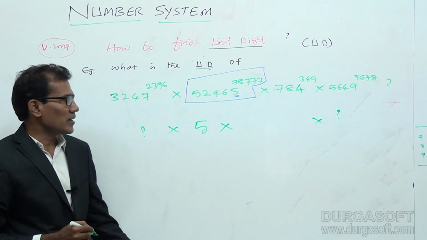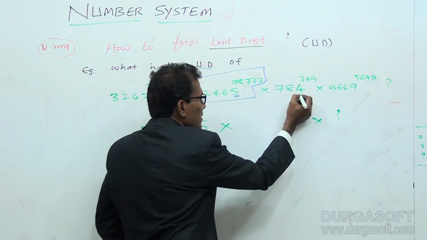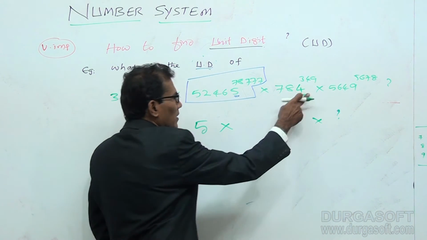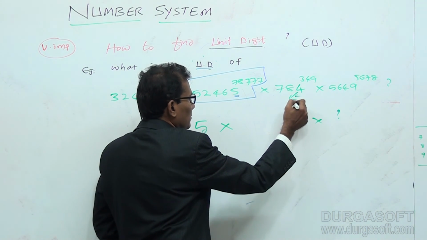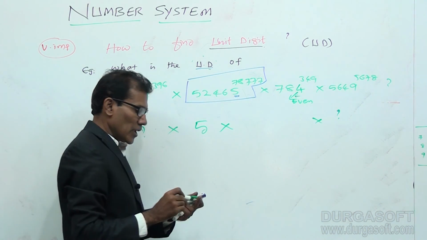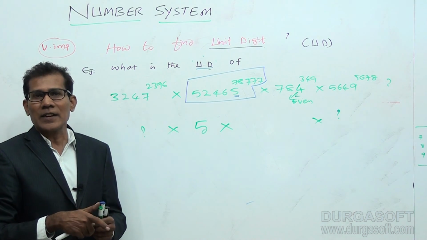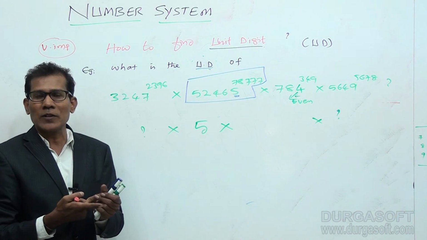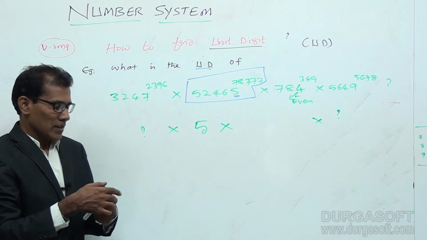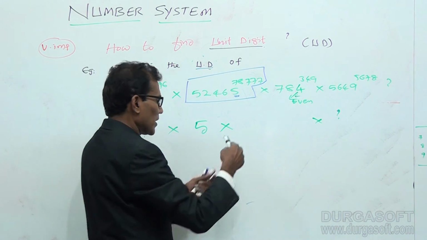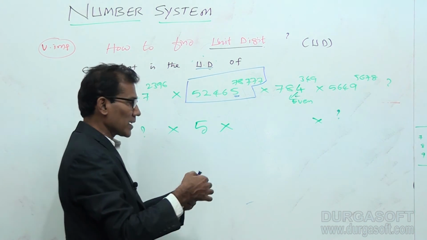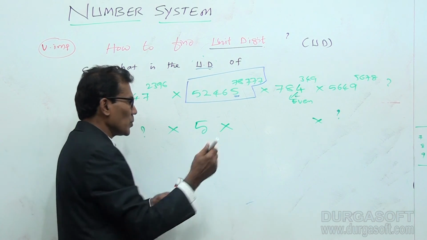But what happens here is, whenever the unit digit of the base is an even number, this we know it is an even number. When an even number is raised to any power, whatever you write, it always gives an even number only. Why? Because even number into even number is always an even number. So in this case, whatever the unit digit, we don't know the exact number, but it is going to be an even number.